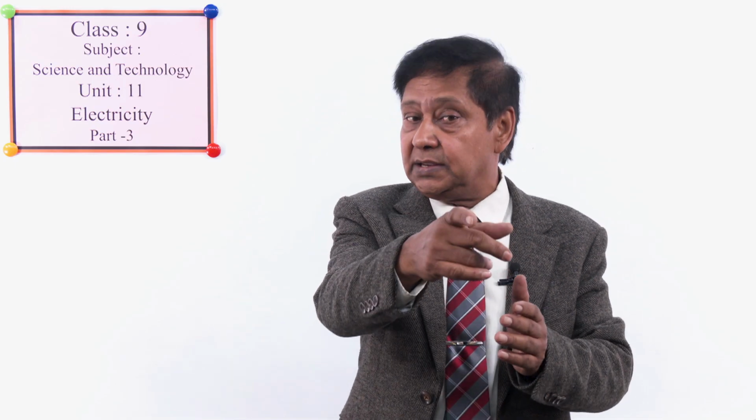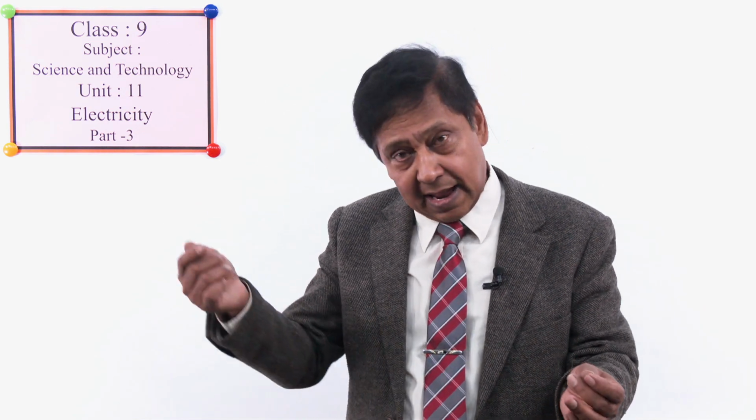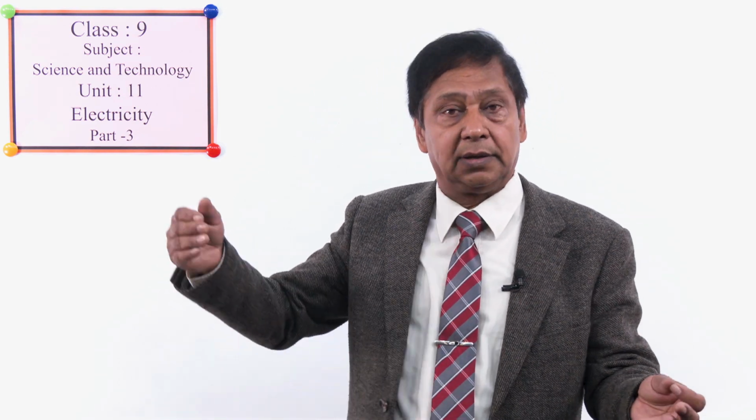I want to explain this later, but before this we have to understand another matter very clearly. If we have a copper wire and current is made to flow through the copper wire, it passes very easily. The obstruction of the copper wire against the flow of current is negligible. In the same way, if we use aluminum wire and current is passed through it, then again current passes very easily.